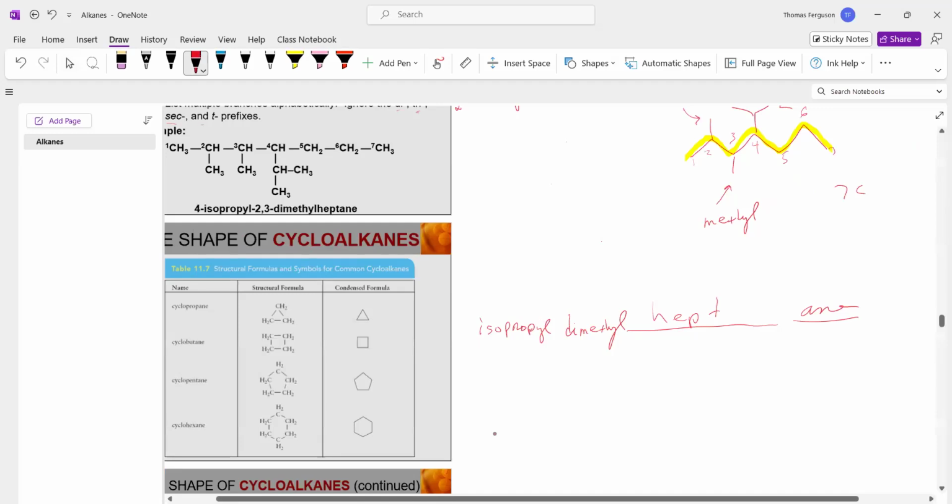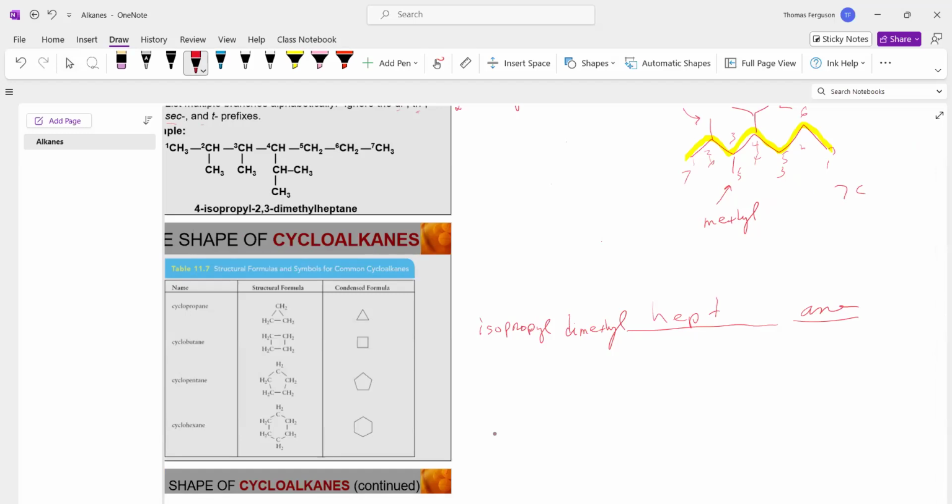And then we can have 1, 2, 3, 4, 5, 6, 7 the other way. It looks like left to right gives us smaller numbers.